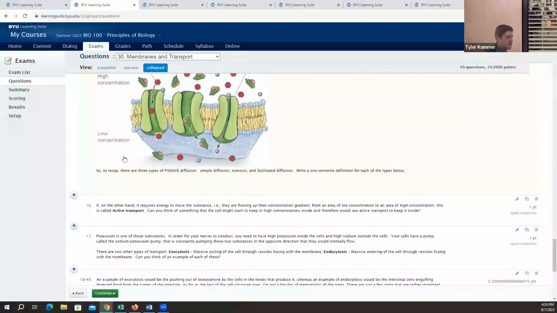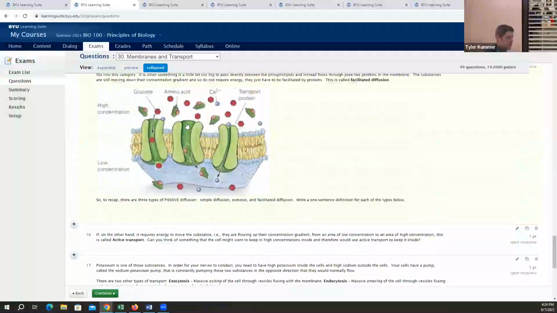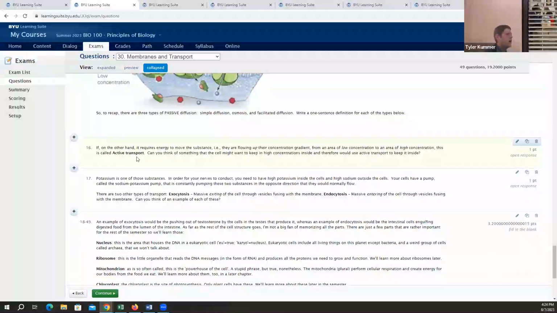Okay, these are just talking about what I was referring to with passive transport and osmosis, diffusion and facilitated diffusion. Active transport, again, is going to require the input of cellular energy. So this is typically going to happen when, instead of going from high concentration to low concentration, we want to force the molecules to go from low concentration to high. We want to make them even more concentrated.